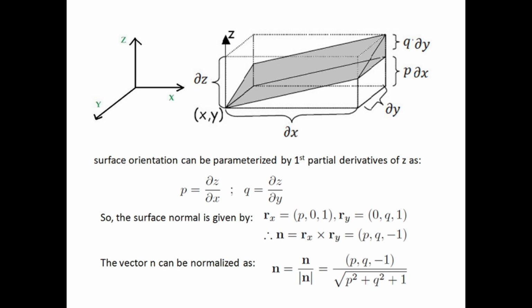By using these two surface vectors, we can find the surface normal, given by the cross product of Rx and Ry. Finally the normalized vector I get is P comma Q comma minus 1 by root of P square plus Q square plus 1. I can calculate the normal component at that particular point.